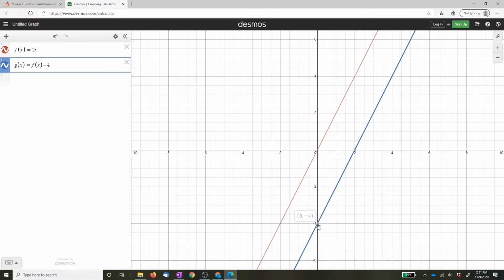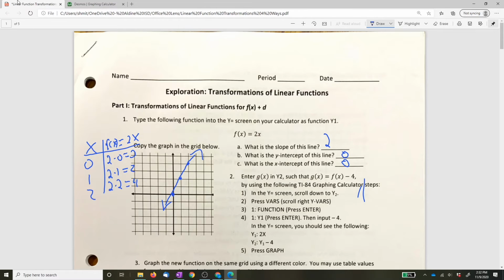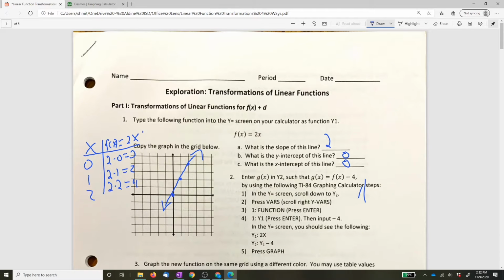Let's get a couple points from it. We have 0, negative 4, 2, 0, and 1, negative 2. G of x had negative 4, negative 2, and 0 in it. Let's see if I can use a different color.